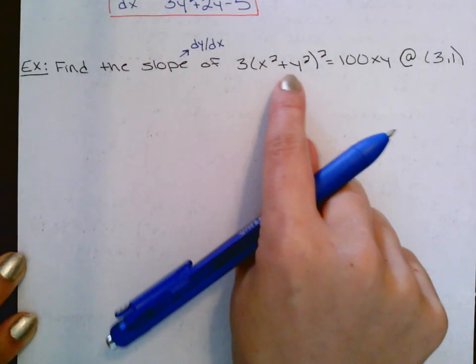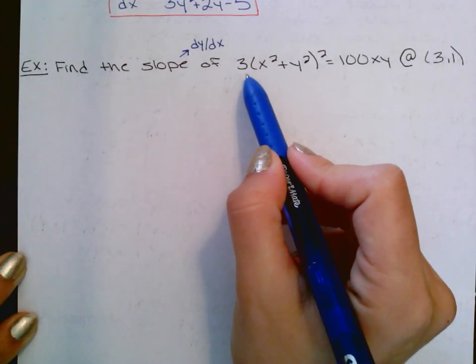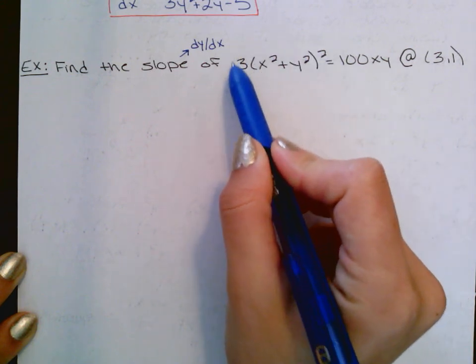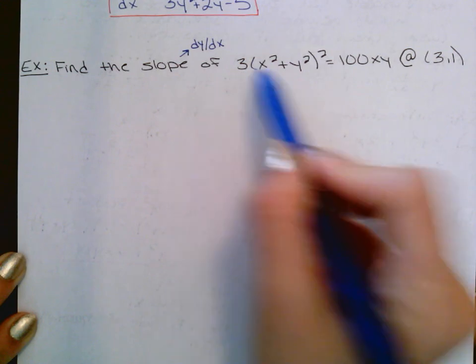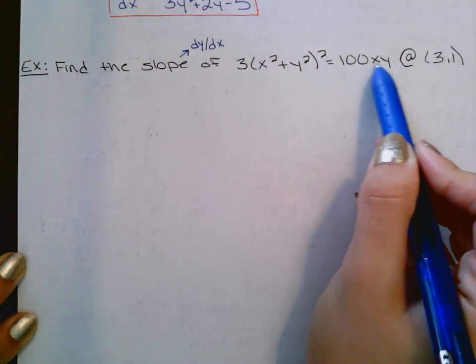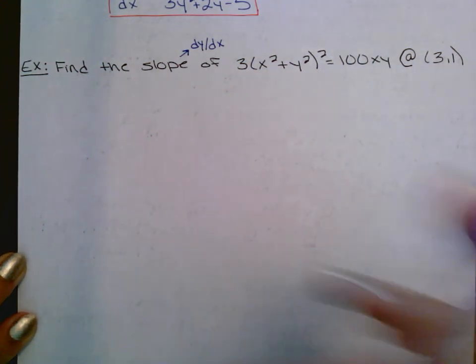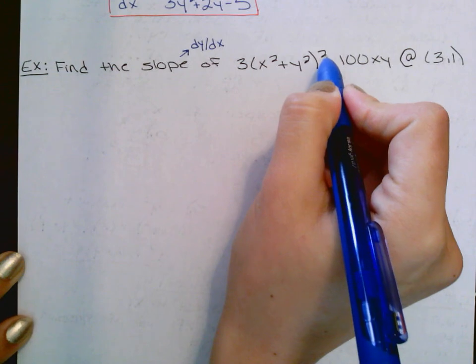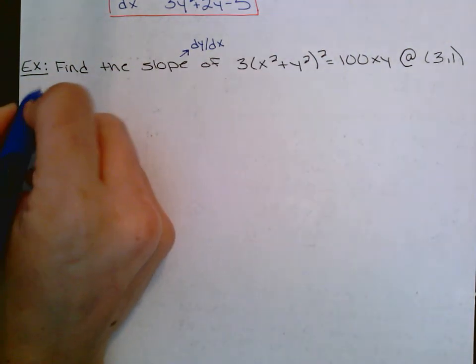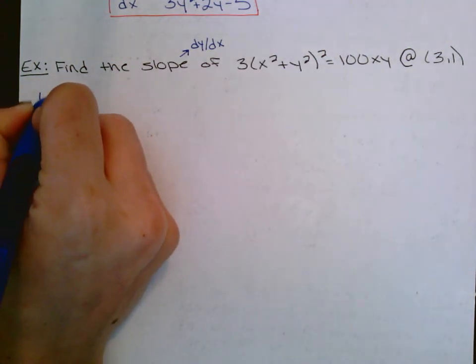So I'm also throwing you a big old chain rule happening here. You see how we have an inside and we have an outside? And over here, I'm throwing you a product rule, okay? So let's take our time. Derivative of the outside, I'm going to multiply the 2 to the front, so I'm going to get 6.